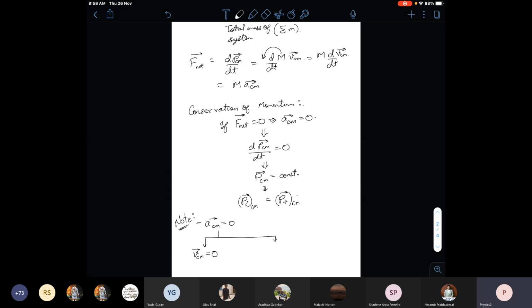So VCM is 0, or VCM is constant. We are not as much interested in constant velocity as we are in zero, center of mass at rest. Why? Because it creates some unique problems which are very interesting to solve if you know the basics. So let's see that.